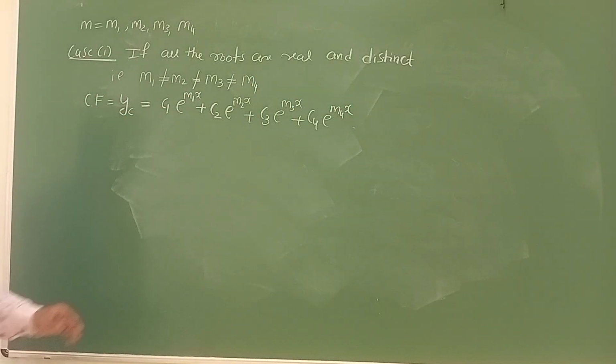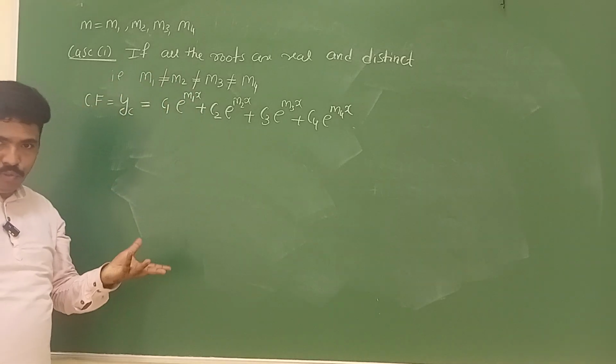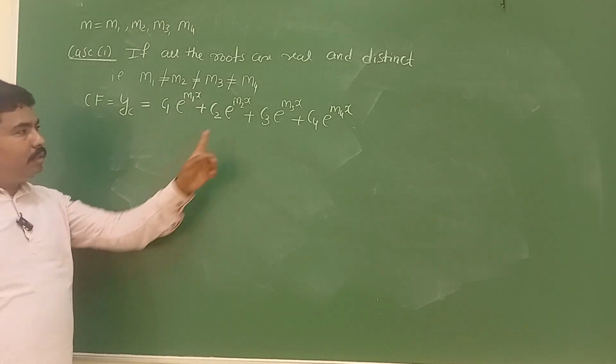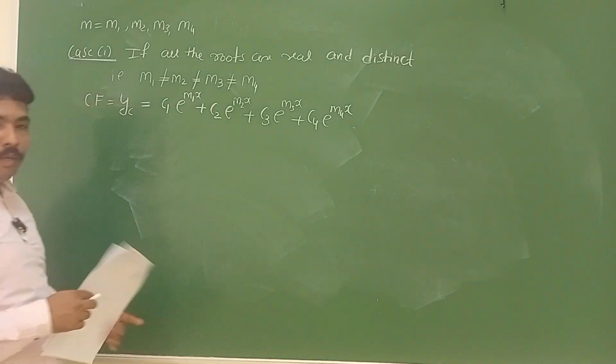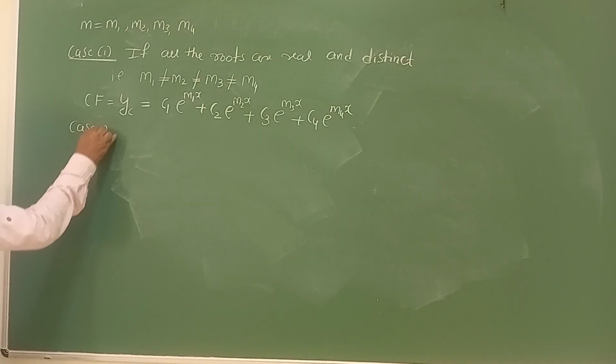This is how to write the complementary function when we have real and distinct roots. This is the first case.